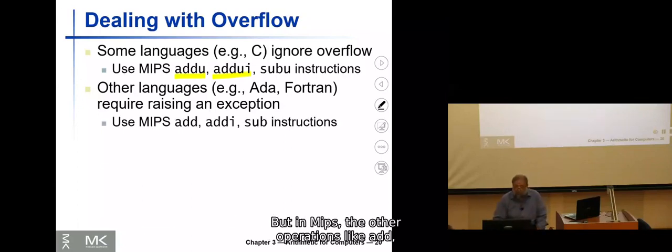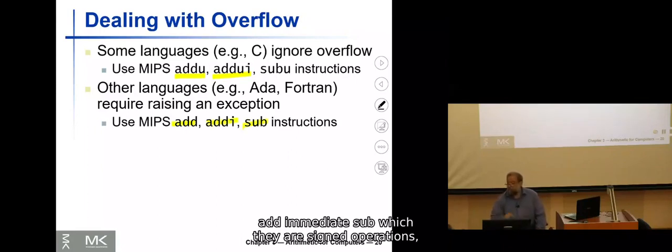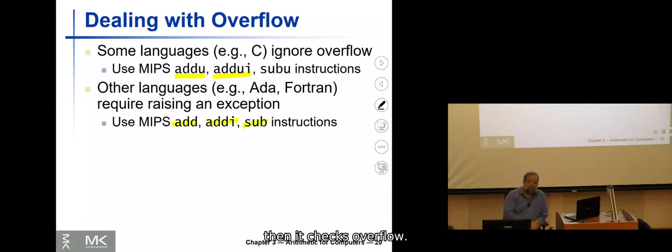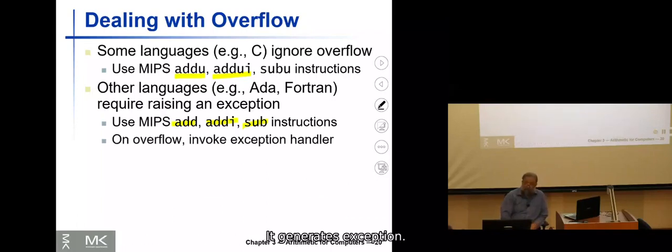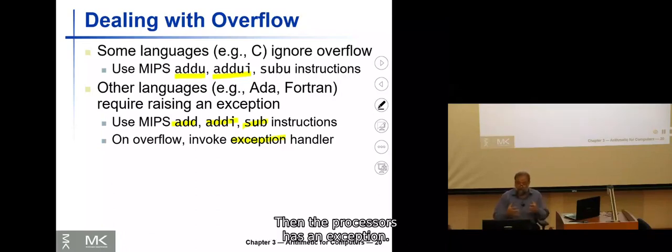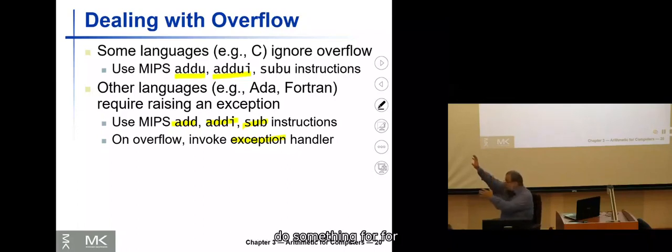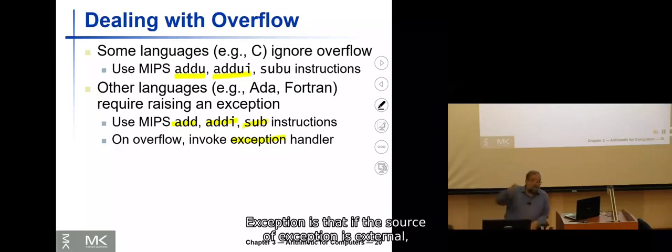But in MIPS, the other operations like add, add immediate, and sub, which are signed operations, check overflow. And what happens if overflow happened? It generates an exception. We didn't talk about exception before. Exception is some kind of a trap. When the processor has an exception, it means that something is wrong. It should go somewhere else, do something to solve the problem, and then come back.